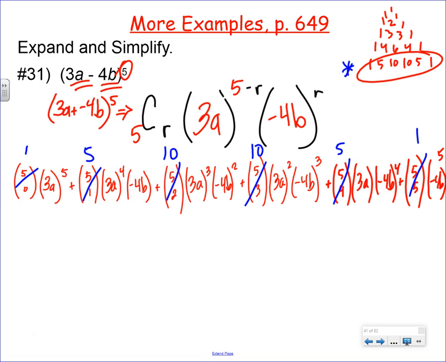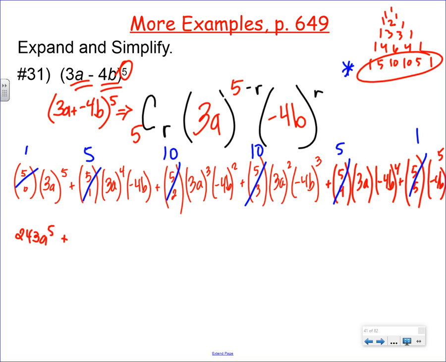So what would my first term actually be? 3 to the 5th times a to the 5th, right? And so plugging in 3 to the 5th, 243 times 1 is 243 a to the 5th. Does that mean the formula doesn't work? No! It just means the 1 got multiplied by somebody else.